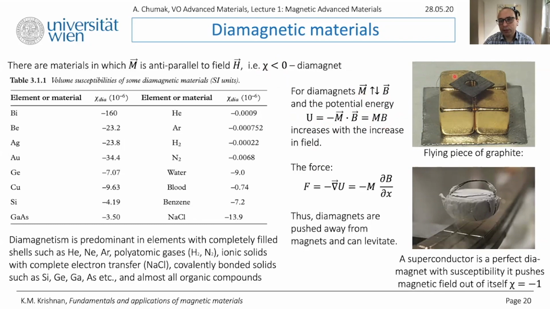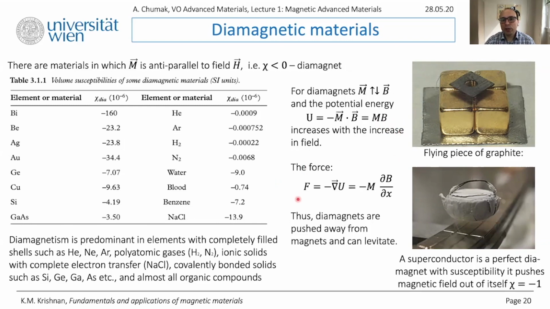It means that if you take your diamagnet and put it closer to your permanent magnet, namely increase the magnetic induction B, you increase your potential energy. And the system of course tries to minimize the potential energy. So what happens is that your diamagnet is pushed away from the strong magnetic field.